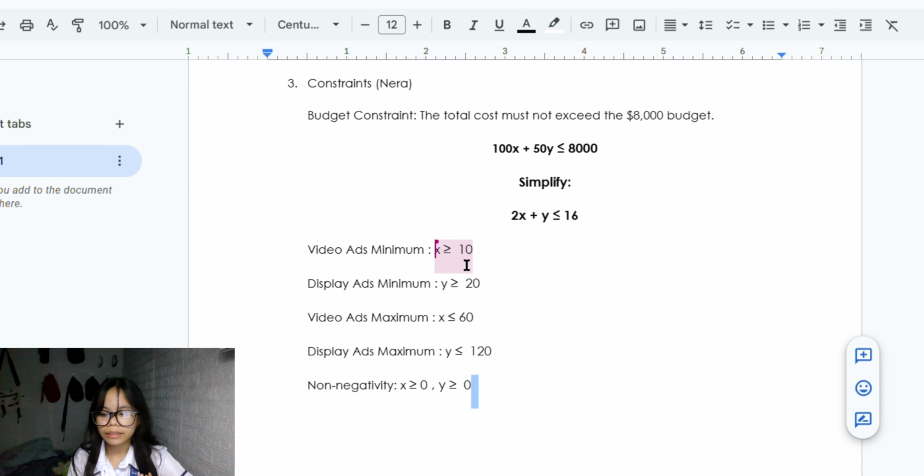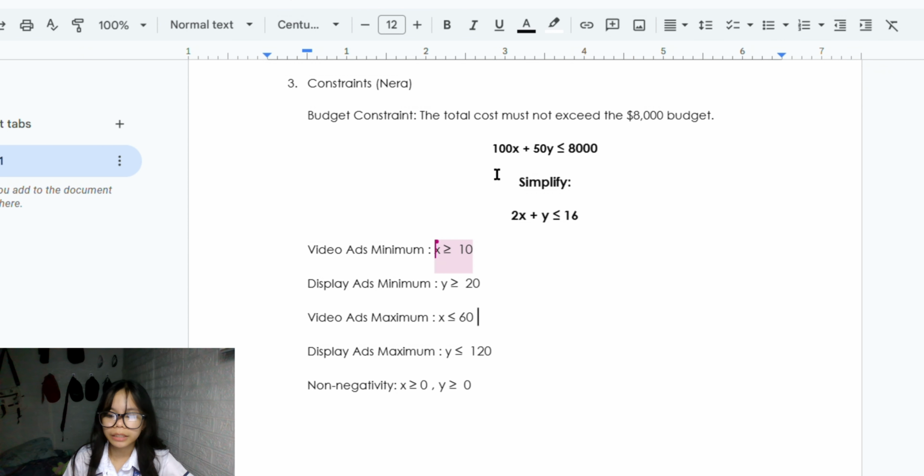So the x represents the thousands of video ads and the y is the thousands of display ads, and the 100 is the cost per thousand video ads and the 50 is the cost per thousand display ads. So the simplified form, we have 2x plus y is less than or equal to 160. You can simplify it by dividing the original inequality by 50.